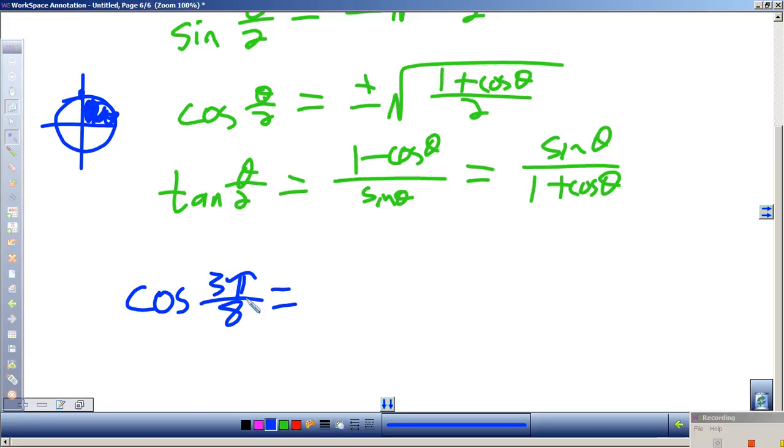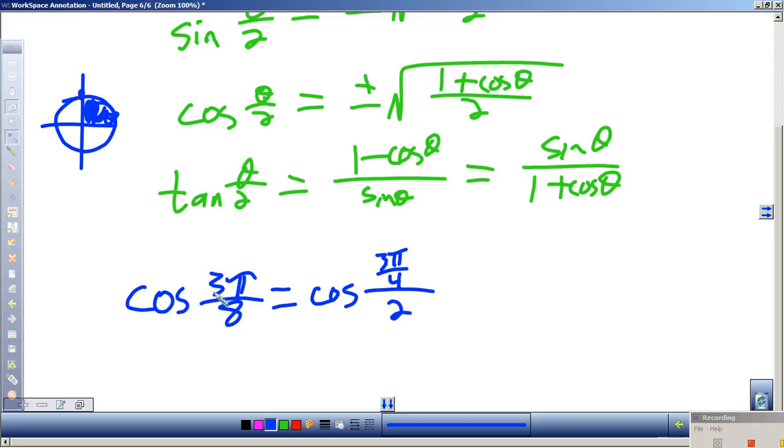So what is 3 pi over 8 half of? 6 pi over 8, which is 3 pi over 4. So we can call this the cosine of (3 pi over 4) over 2. Anybody stuck on where we got that?